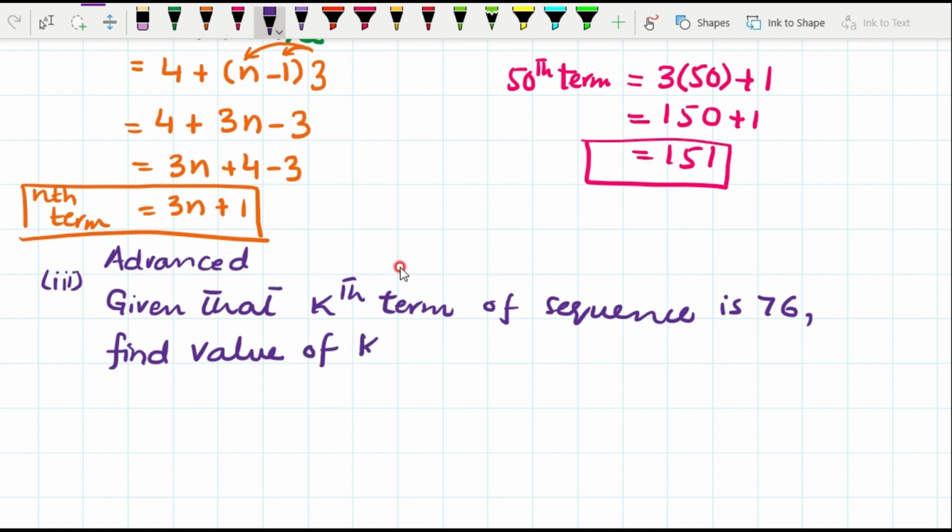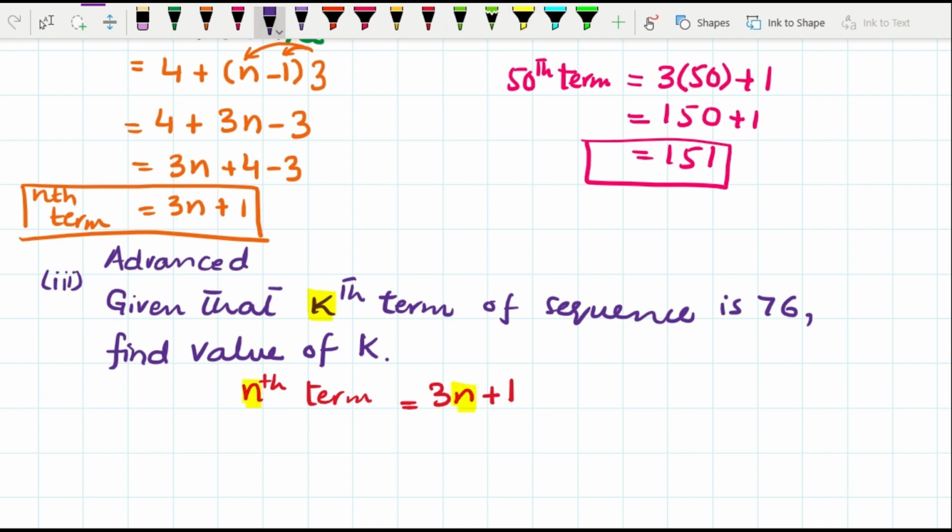Find the value of k. Alright, so how can we solve that question? That is pretty easy. As you know, we just calculated the nth term. What is the nth term? The nth term was 3n plus 1.